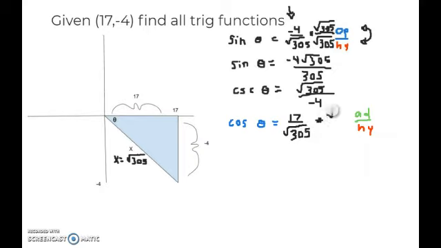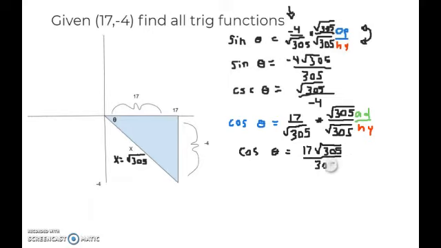And that's not the correct way to write it because you can't have the square root in the denominator, so you multiply it by the square root of 305 over the square root of 305. And then that'll give you your final cosine answer. So cosine of theta equals 17 square root of 305 over 305.